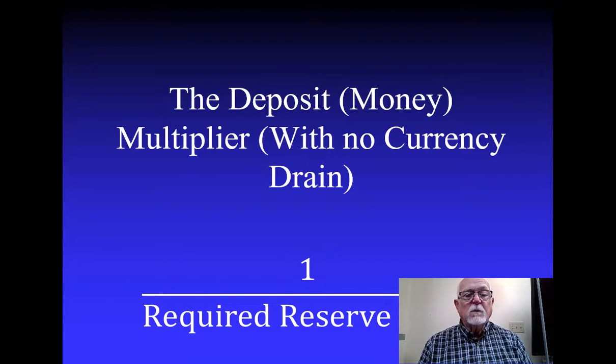Just to make sure we're on the same page, if the required reserve ratio, let's say, was 25%, it would never be that high, but the numbers are easy. 25% in fraction form would be 1/4. So 1 over 1/4, invert and multiply, so it would be 4.